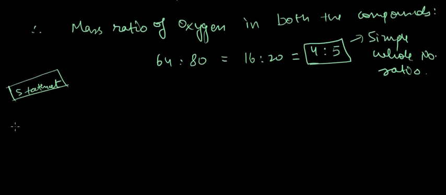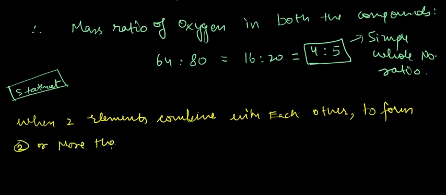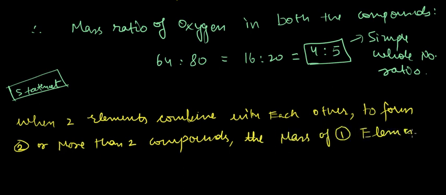When two elements combine with each other to form two or more compounds, the masses of one element which combines with the fixed mass of another element, which was nitrogen in our case, bear a simple whole number ratio.